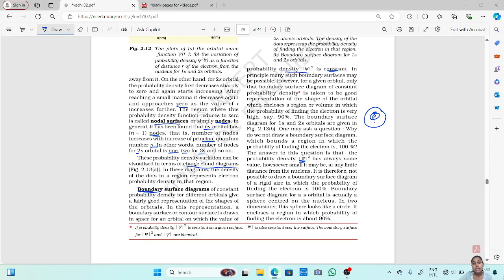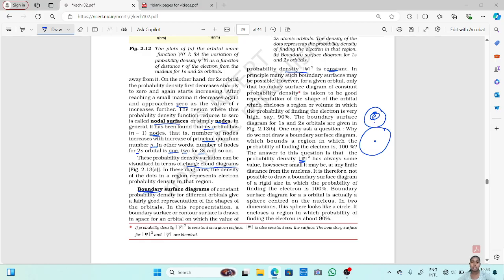So it is not possible to draw a boundary surface diagram of a rigid size in which the probability of finding an electron is 100%, because you can find it anywhere, however big a diagram you draw. So you can't specifically mention that this is the size. The boundary surface diagram for s orbitals is actually a sphere centered on the nucleus.